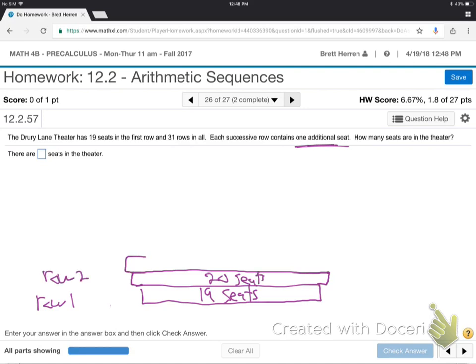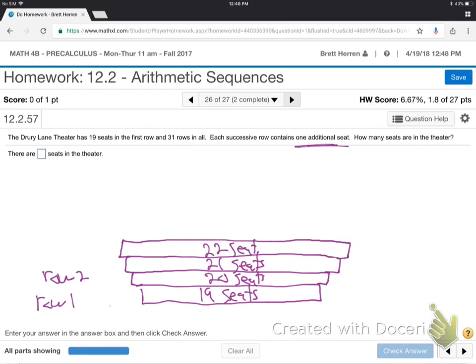And then row 3, 21 seats. Then 22 seats, etc., right? Row 4, dot, dot, dot. Row 31. Row 31 has a bunch of seats.